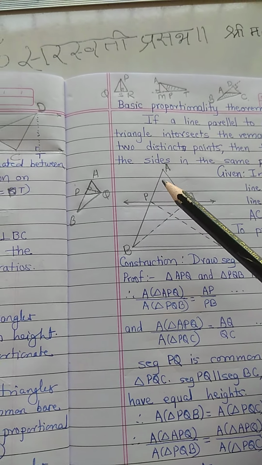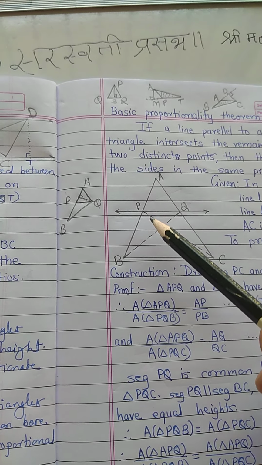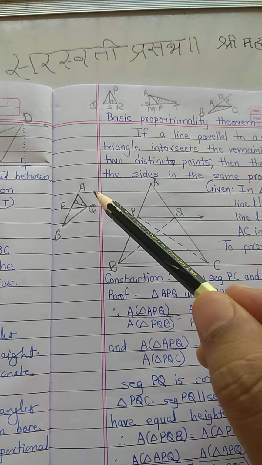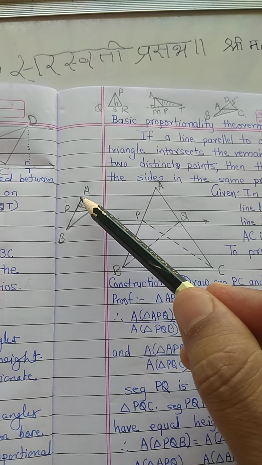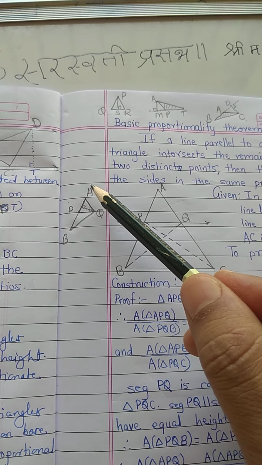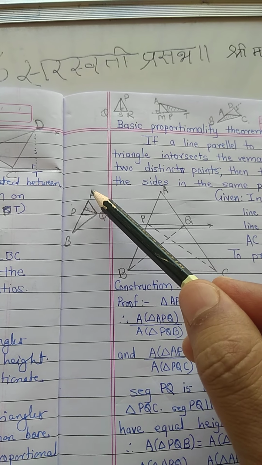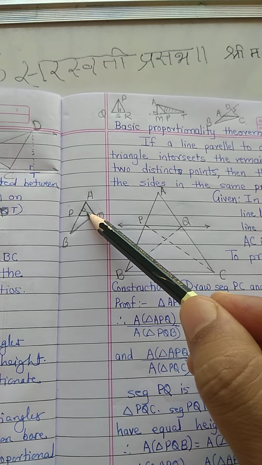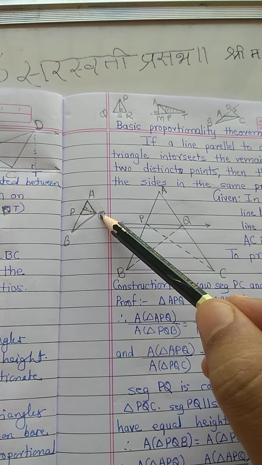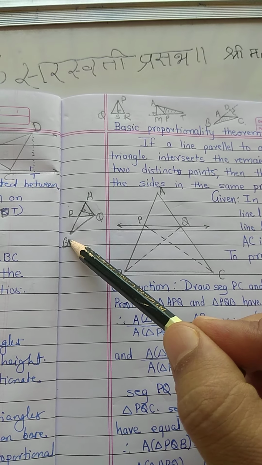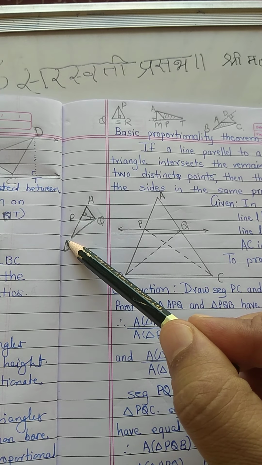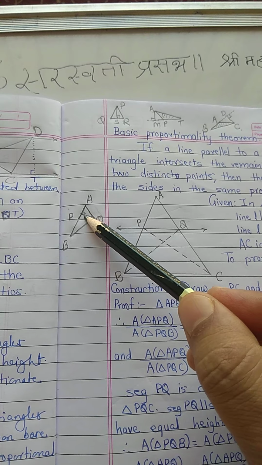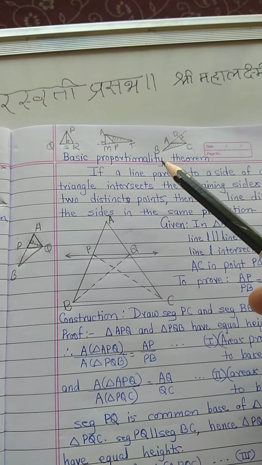Same thing here for triangle APQ and triangle PQB. See here, APQ and PQB. If the base for AQP is AP, then this should be the height drawn from Q. And for triangle PBQ, if PB is the base, then the same should be the height as we discussed earlier.